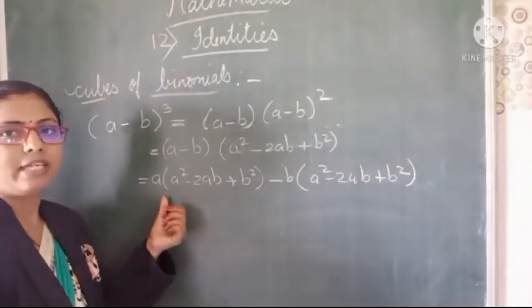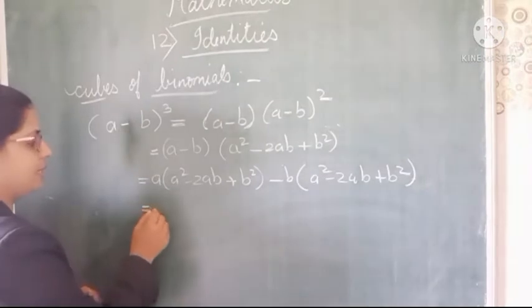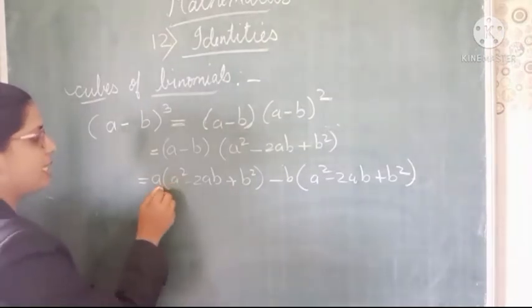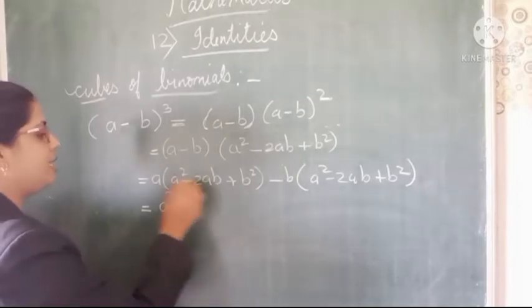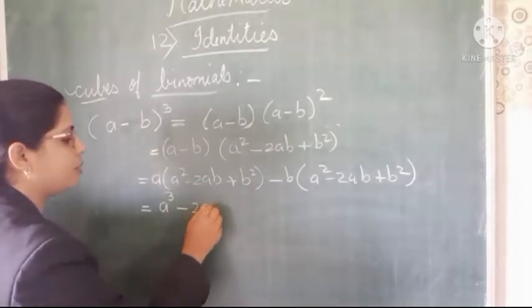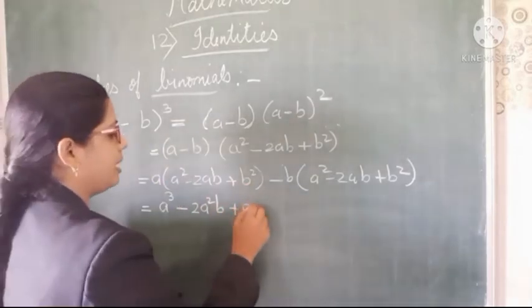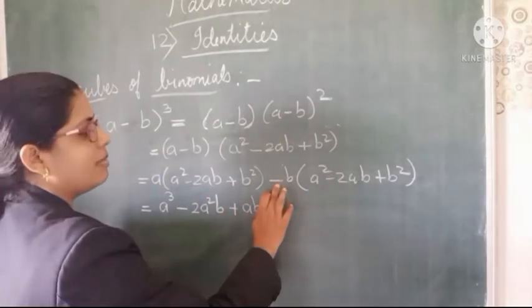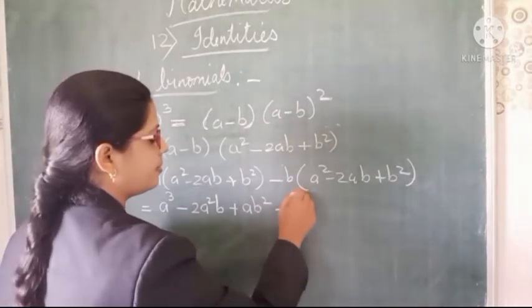Now multiply a to each term, b to each term. With the sign you have to see. A square into a is a cube, minus 2ab into a will be negative 2a square b, plus a into b square will be ab square. Minus a square b.